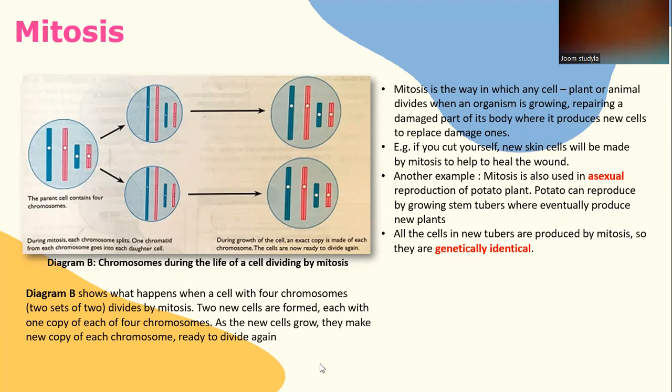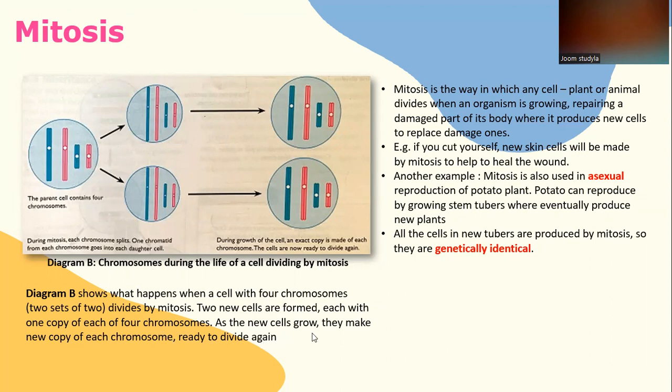The diagram above shows what happens when a cell with 4 chromosomes, two sets of 2, divides by mitosis. Two new cells are formed, each with one copy of each of the 4 chromosomes.